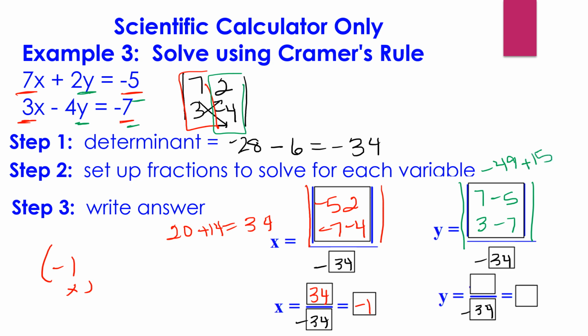So negative 49 plus 15 gives us negative 34 for the determinant of the y matrix. We will divide that by the determinant of the original coefficient matrix. Negative 34 divided by negative 34 is positive 1. So the y coordinate is positive 1. These two lines intersect in the ordered pair, or at the point, negative 1, 1.